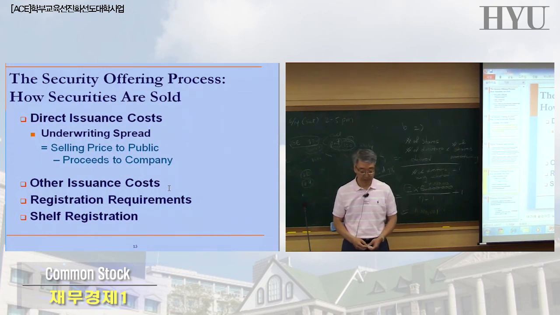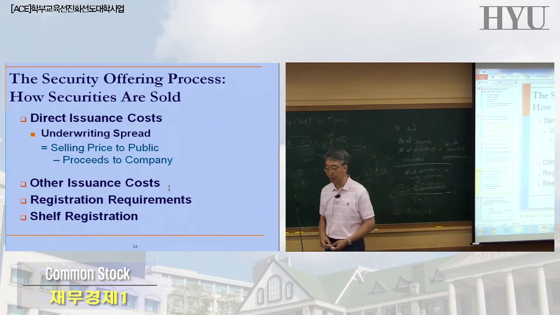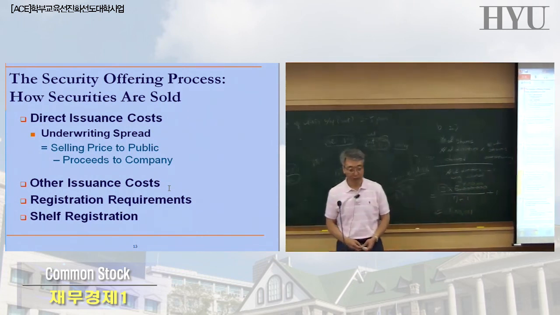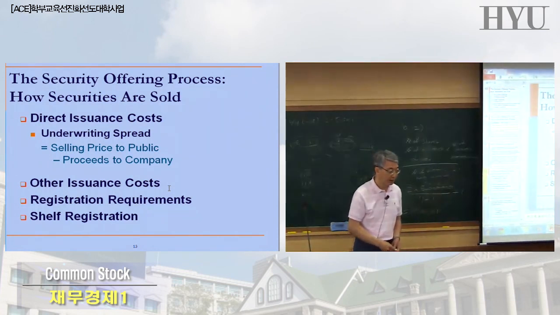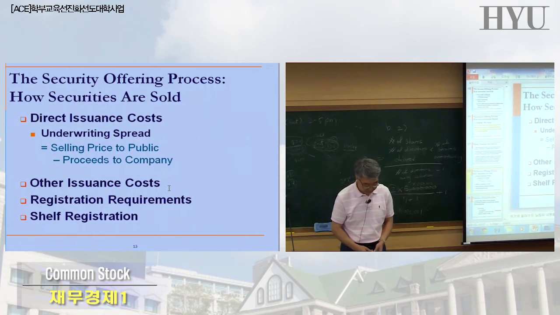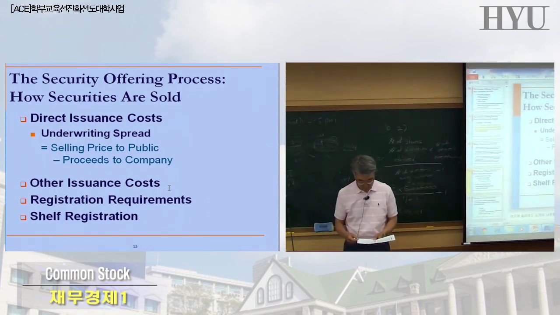Again, this is a simplified registration, but this is allowed for only the large corporations with good credit rating. Only the reliable companies can take advantage of shelf registration. So what this means is, I think you can find the definition in the book.